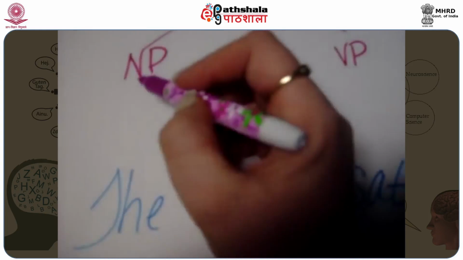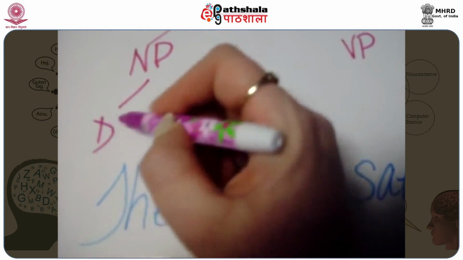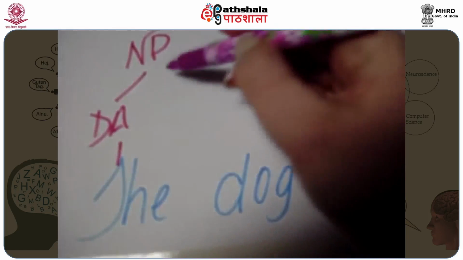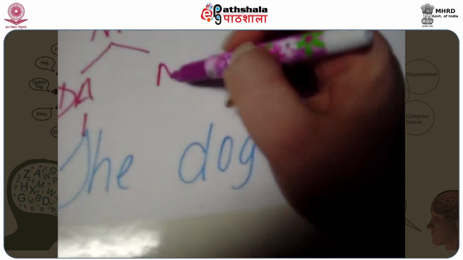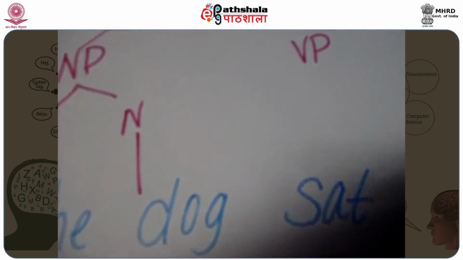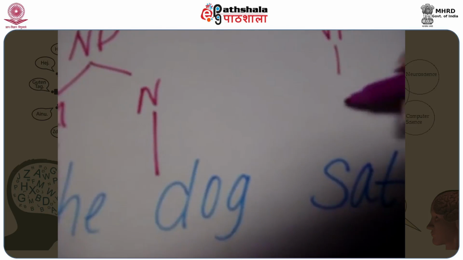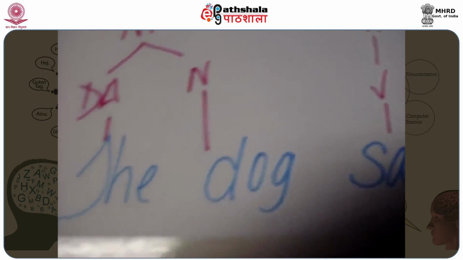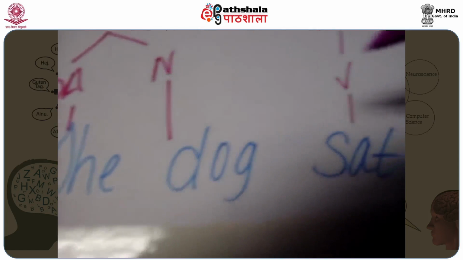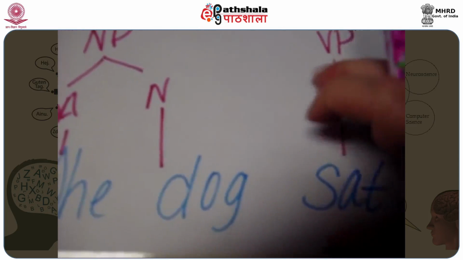In the noun phrase, we have our definite article, the, and we have our central noun, dog. In our verb phrase, we only have the verb, sat. So, the dog sat. Pretty simple. Let's move on to another sentence.